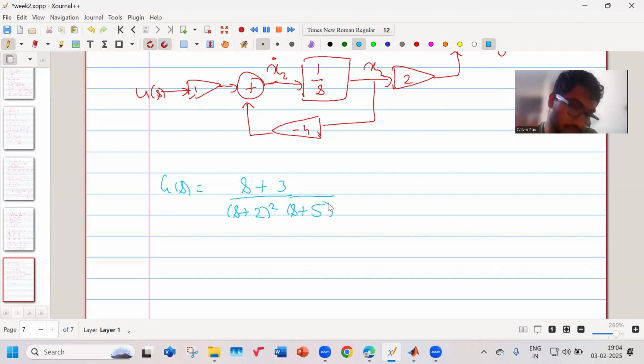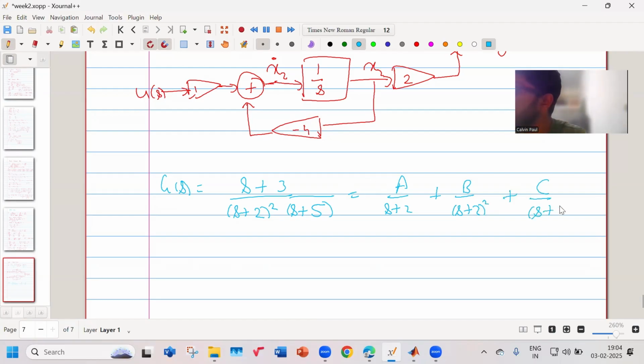This is our system. Now, how do we represent the system? We represent it as A upon s plus 2 plus B upon s plus 2 the whole square plus C upon s plus 5. Okay, C upon s plus 5.